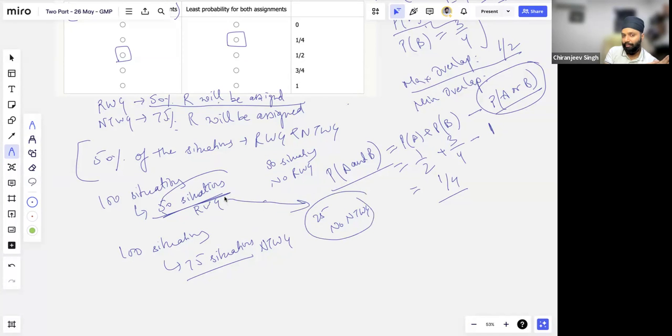Right? बाकी तो 25 have to be here. So there will always be at least the minimum 25 overlaps given the constraints. That is why the answer is 25 by 100, which is 1 by 4. But this is how I think about it without formulas.